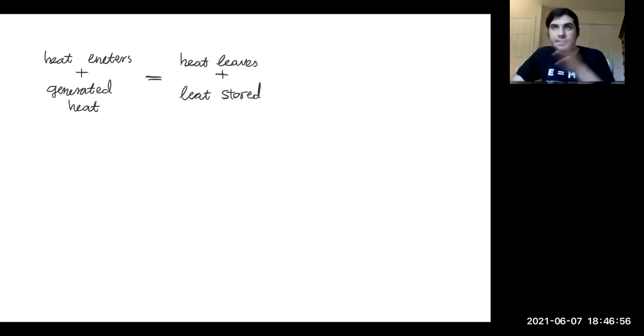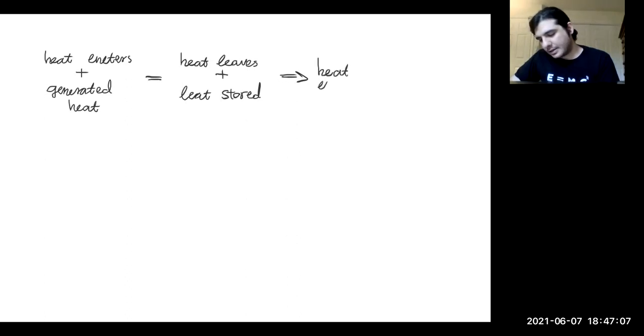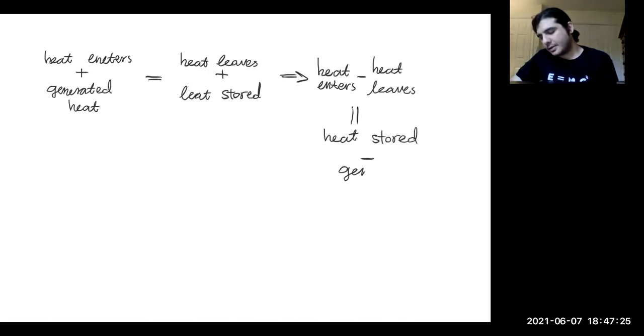And therefore, if I take the amount of heat which enters and leaves to one side, and the generated heat and the heat which is stored to the other side, we would see the amount of heat which enters minus the amount of heat which leaves is equal to the amount of heat which is stored there minus the amount of generated heat.